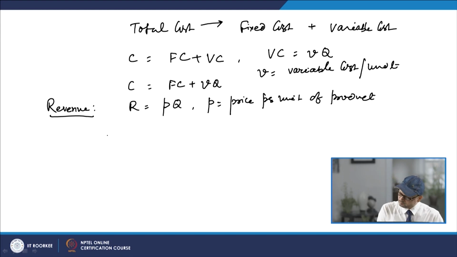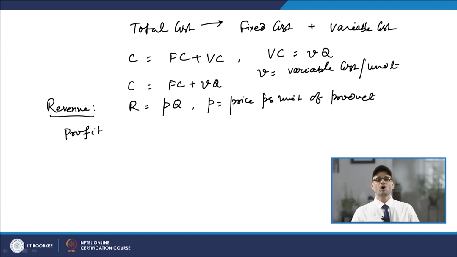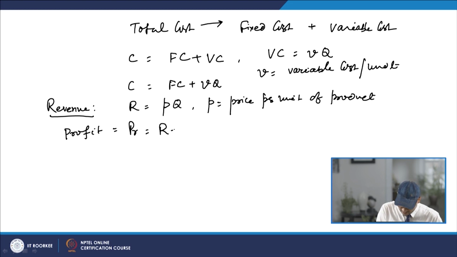Profit is also known as the operating profit, or earning before interest and taxes, that is EBIT, and this will be denoted by PR, and that will be your revenue minus total cost. So, whatever revenue is generated, that has to be more than the total cost, then you have profit.